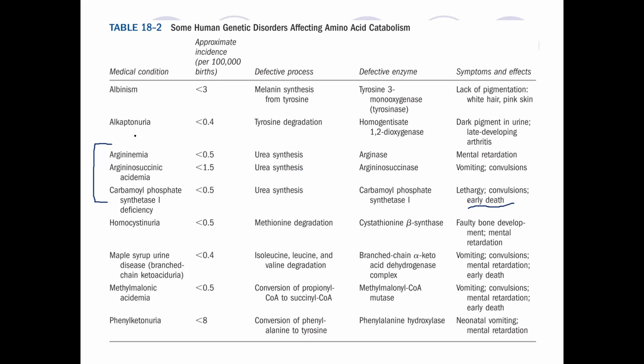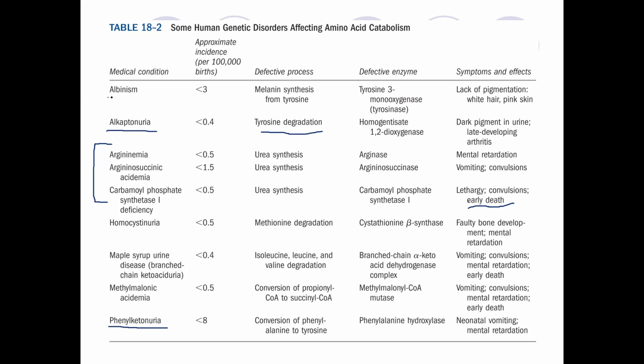Defects in tyrosine degradation can lead to alkaptonuria. They can also lead to phenylketonuria, depending upon where the defect in tyrosine degradation tends to be. With this one, the defect's very early because you convert phenylalanine to tyrosine. This one's more severe than alkaptonuria.